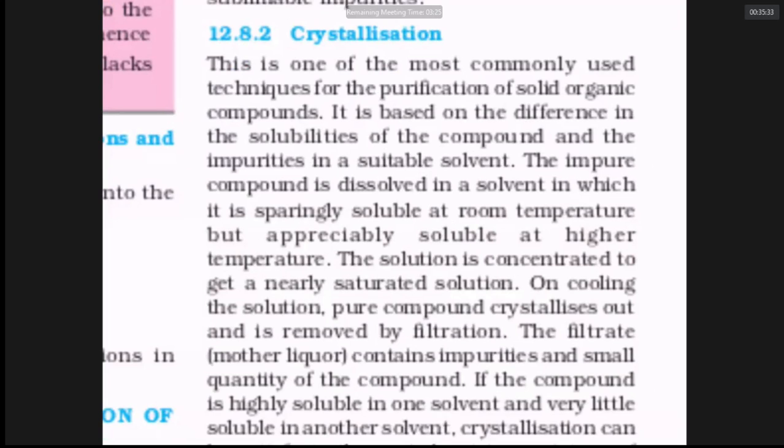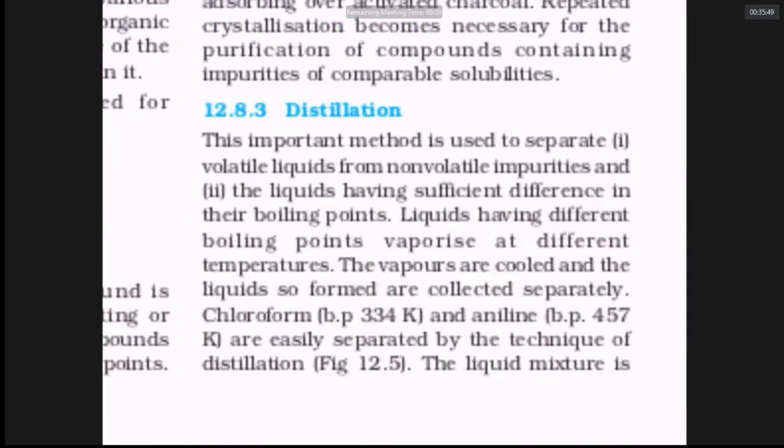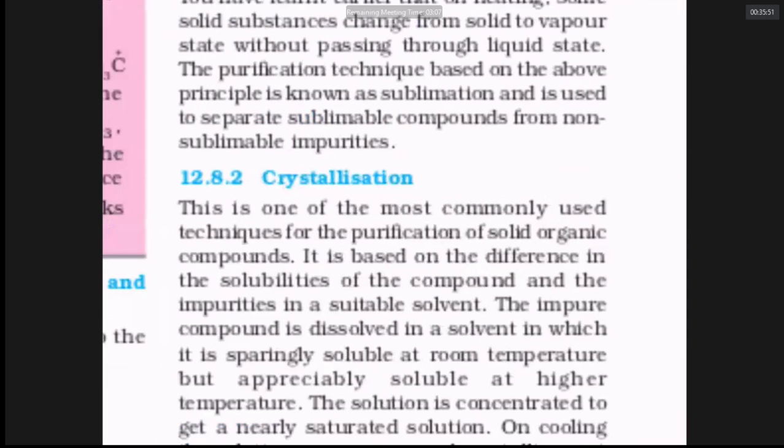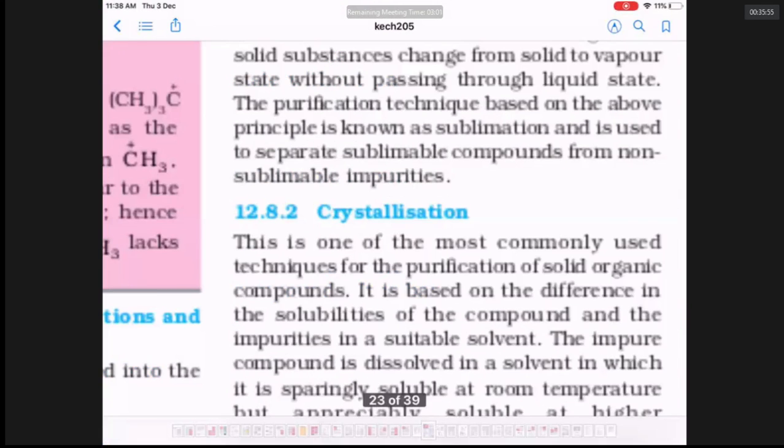Only the important compound which you want to separate should be soluble in the solvent. You allow it to dissolve, filter, and throw the impurities out. Then you evaporate the liquid to get the pure compound. That is crystallization. Okay, sublimation, crystallization.